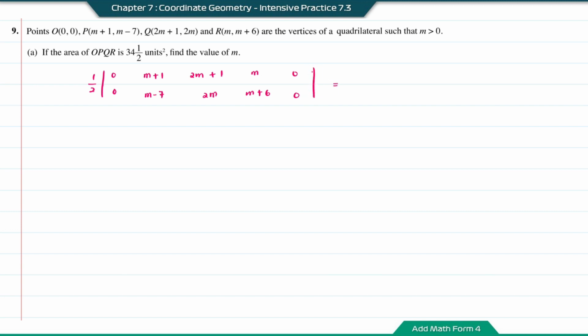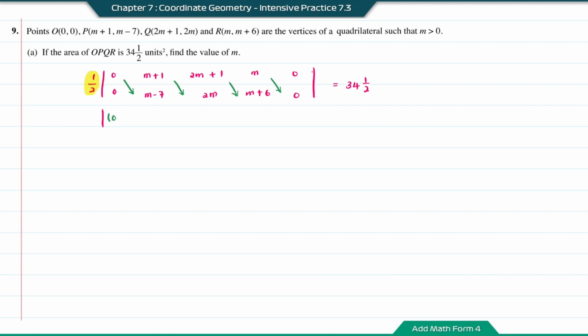This will give us the area of 34.5. So next, I'm going to move the 1 over 2 to the right hand side. Next, we're going to sum all products in these directions. So 0 times m minus 7, this will be 0.